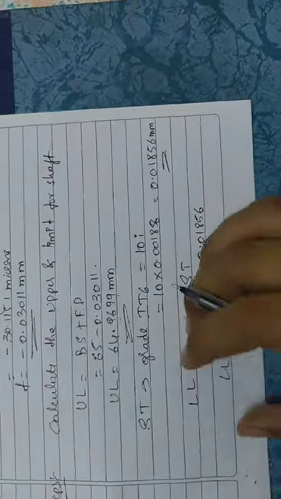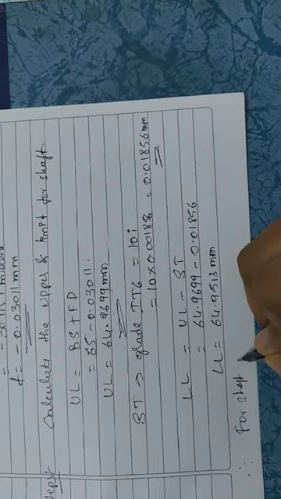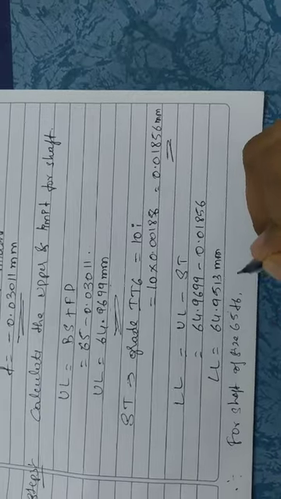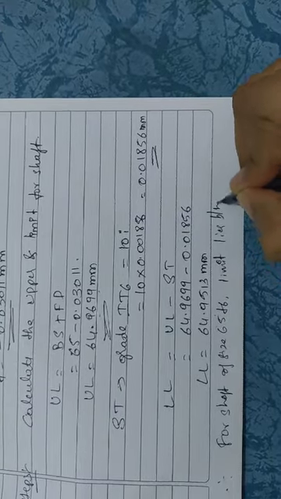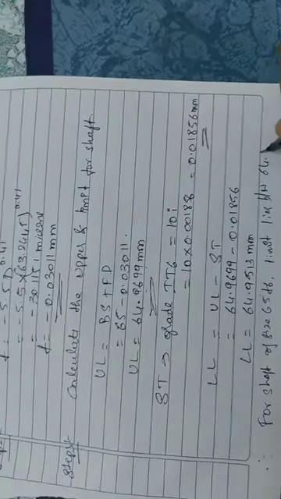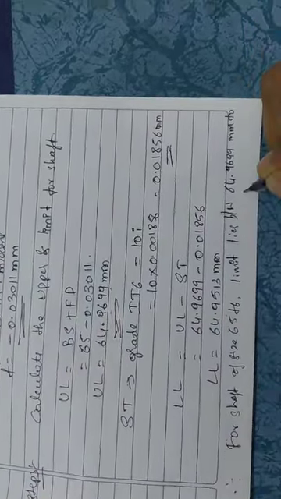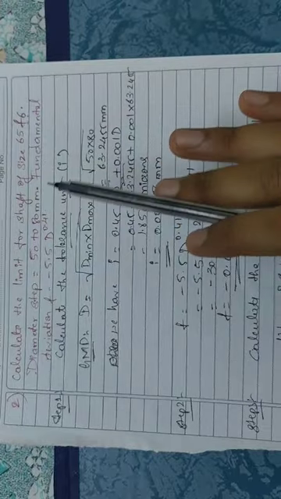Therefore, for the shaft of size 65 f6, the limit lies between the upper limit 64.9699 mm and 64.9513 mm. This is the problem solving method to calculate the limit for the shaft.